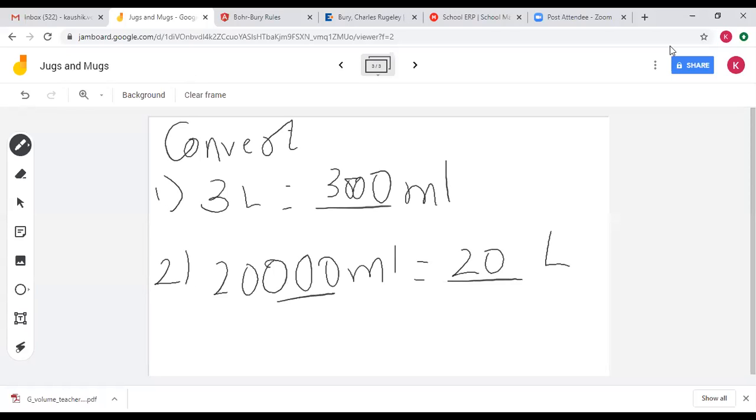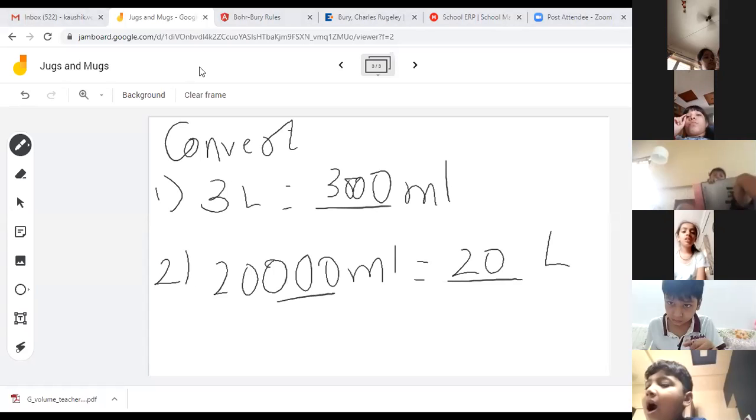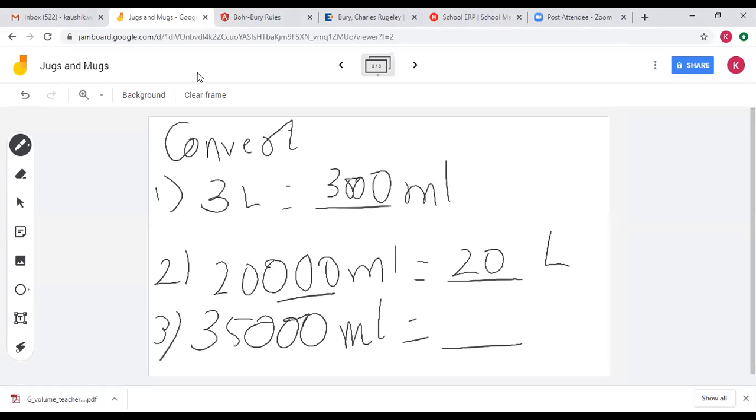Okay. Done, everyone. Finish it up. Very good. Not 2 liter, Siddhi, 20 liter. So we are going to do one more example. 35,000 ml is equal to how many liters?